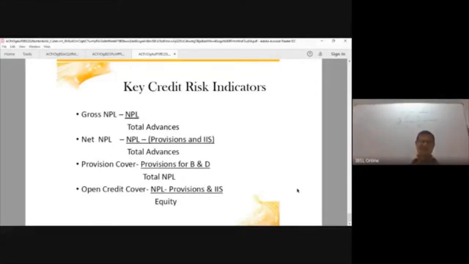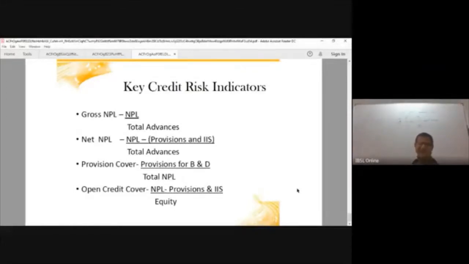So these four key credit risk indicators need to be watched on a monthly or quarterly basis, compared with the benchmark, compared quarter by quarter with the previous quarter's figures, and we may need to inform the board of directors, and with that they may be able to identify the quality of your credit portfolio. And the quality of your credit portfolio reflects the credit risk of the bank.